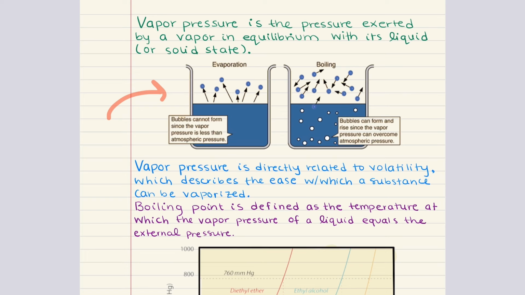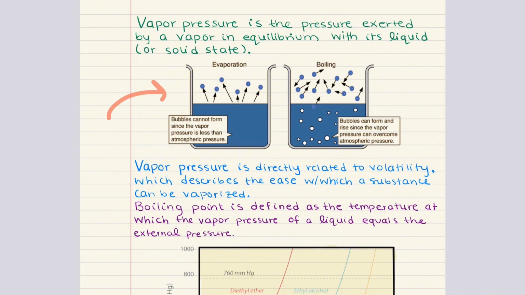And this dynamic equilibrium is important for understanding how vapor pressure operates. As the temperature of a liquid increases, more molecules have enough kinetic energy to escape into the gas phase, thus increasing the vapor pressure. Now, the vapor pressure of a substance also depends on the strength of its intermolecular forces.